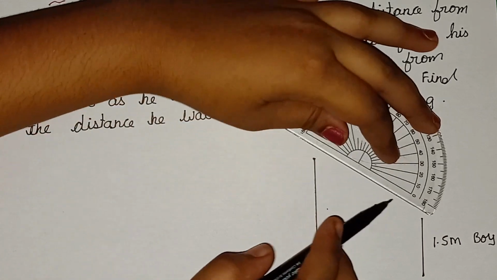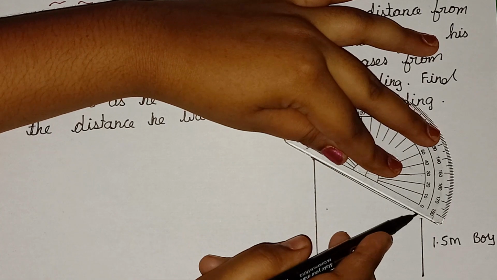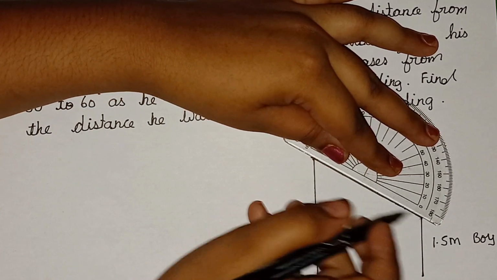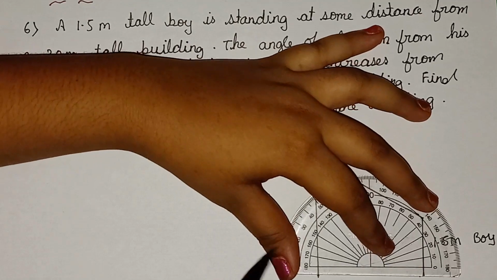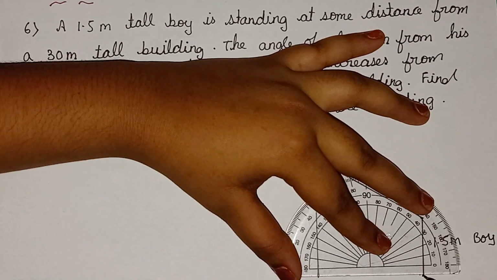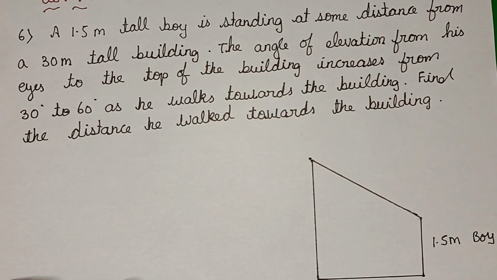So there is an angle, and we just call it the angle of elevation. Perfect. So this is the angle of elevation. Let's draw the ground level as well. So this is my ground level.